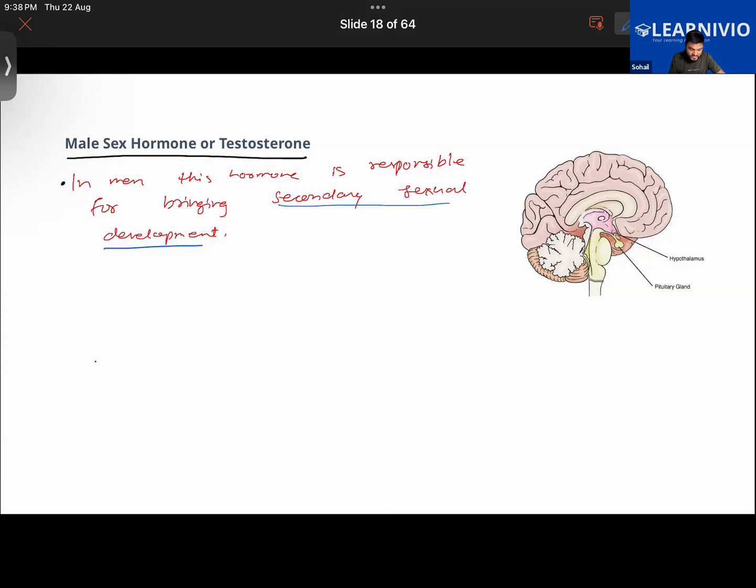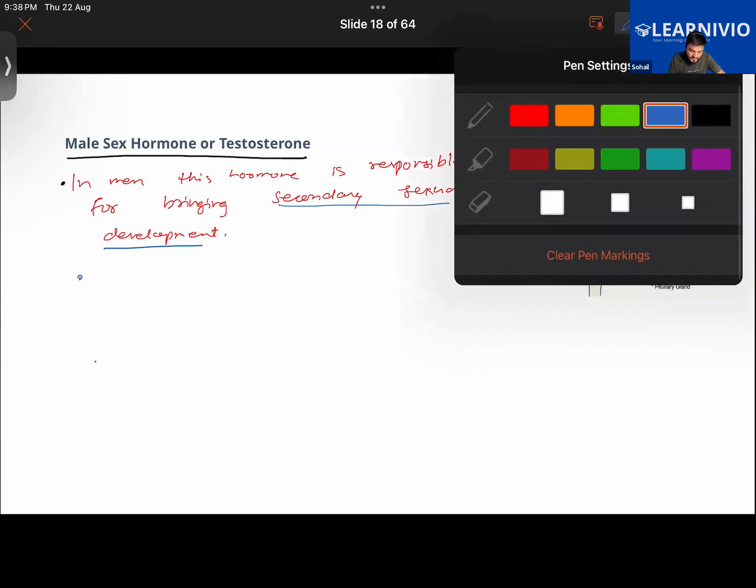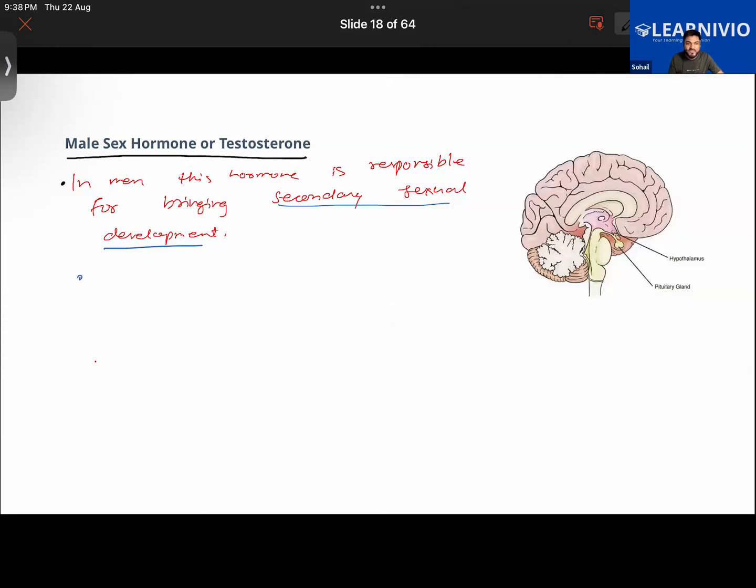Furthermore, this testosterone is also responsible for production of the red blood cells. So it signals the body to produce red blood cells.